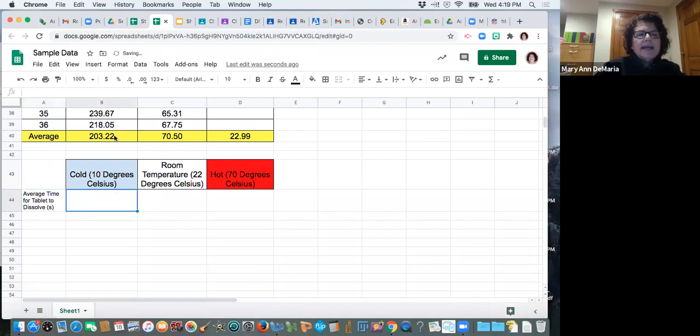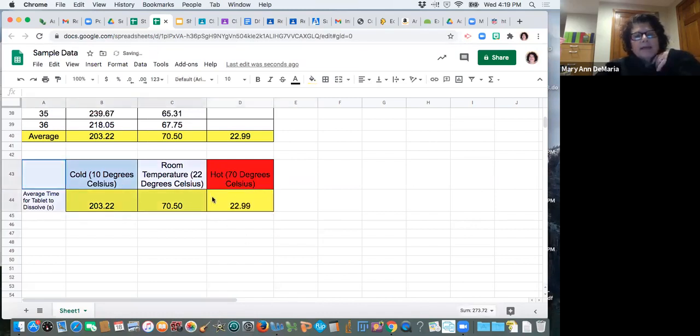I can't copy and paste these. If I do, I get funny numbers, because it's looking for a formula, and it's actually including this in the average. I don't know what it's doing, but I want to actually type in 203.22, 70.50, and then 22.99.